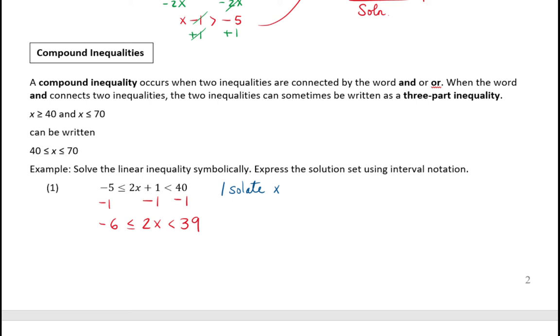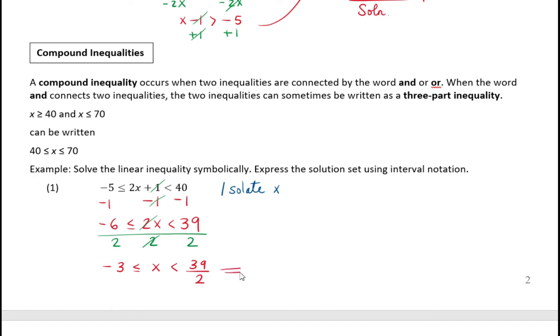And then you divide all the 3 parts by 2, so that these 2 will cancel. See here, 1 will cancel. So you got -3 less than or equal to x and less than 39 over 2. So that makes x between -3 and 39 over 2.